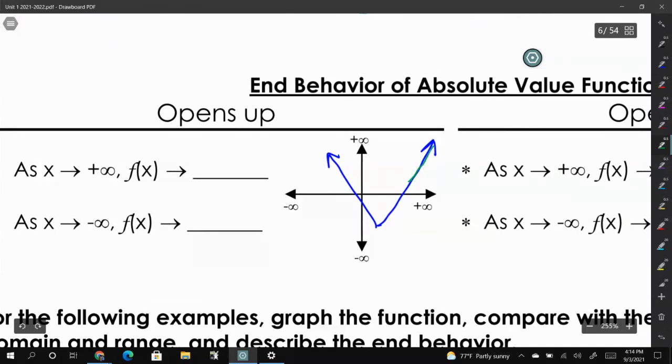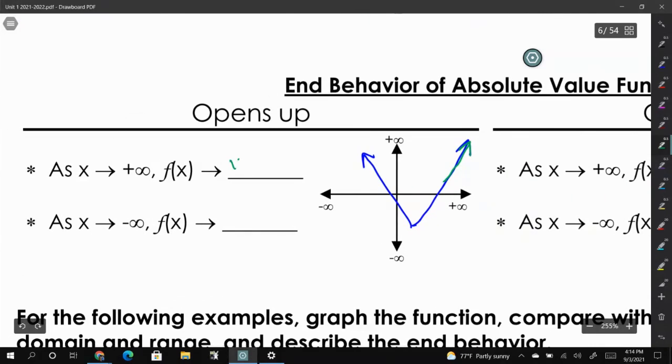The right side here goes up. Well, how do we say goes up? Y approaches positive infinity. The left side is also going up. So how do you say goes up? Y approaches positive infinity. So you see that with the absolute value graph, the left and right end both go up when we open up. They both go towards positive infinity.